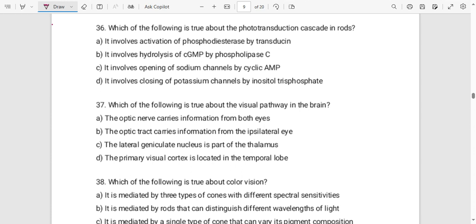So that is what happens in the dark. And in light, let's say here is our rod or our cone. It has got the outer segment, and then the inner segment, and then the synaptic end.